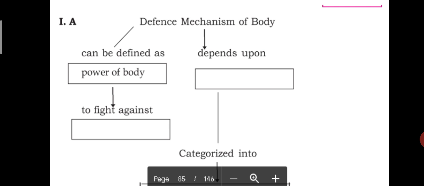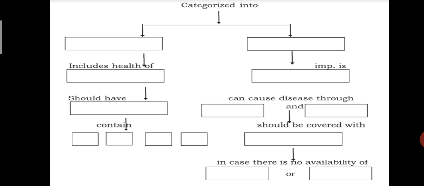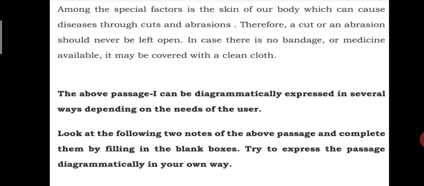The skin of the body can cause diseases through cuts and abrasions. We have already seen, it should never be left open; it should be covered with bandage. Here they have not given a direct answer. So the second sentence is here: in case there is no bandage. With that sentence we understand that it should be covered with bandage.